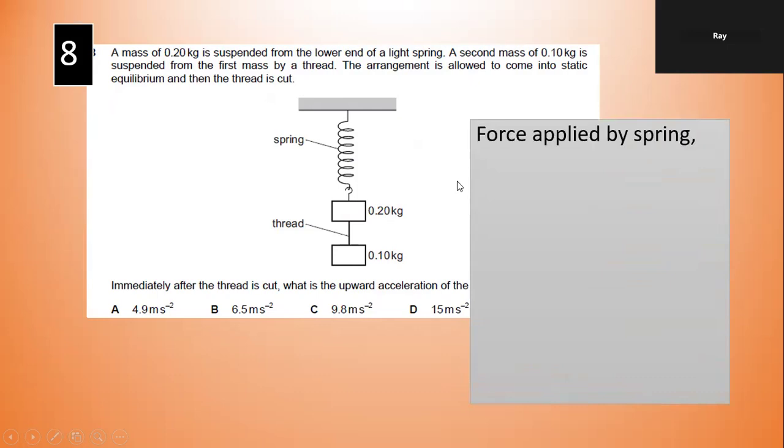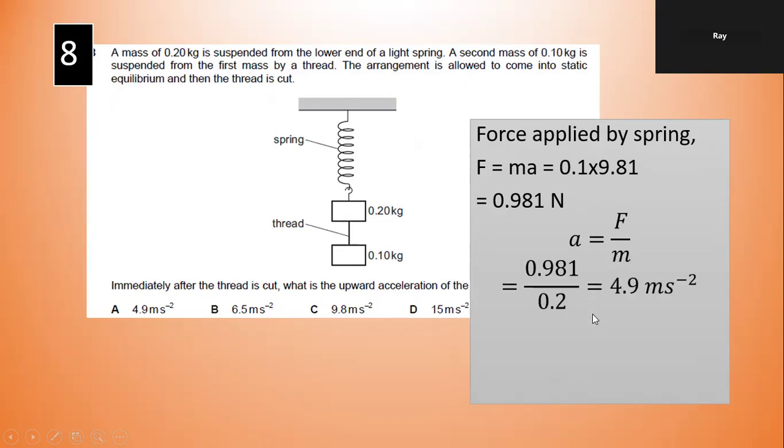Force applied by the spring, due to this one. As your weight is mg, 0.1 times 9.81, there's a force applied to this mass. Because the spring applies the force to this mass. So it's F divided by M. A.